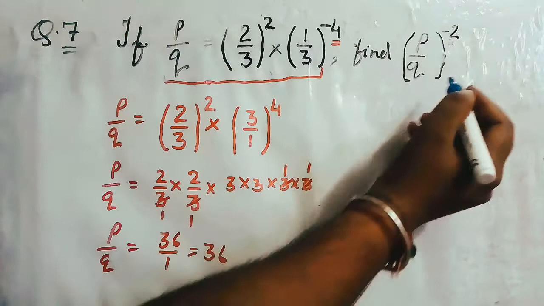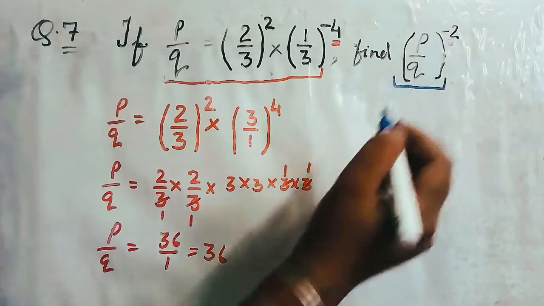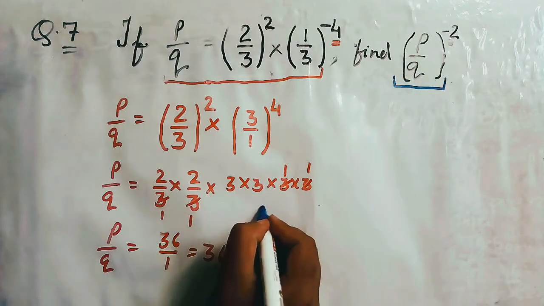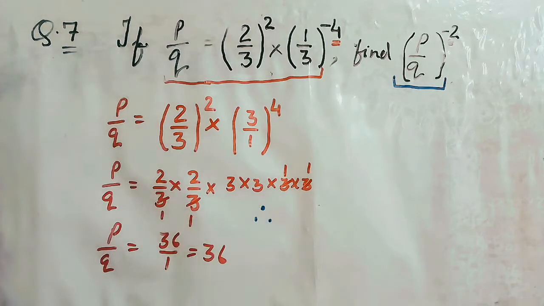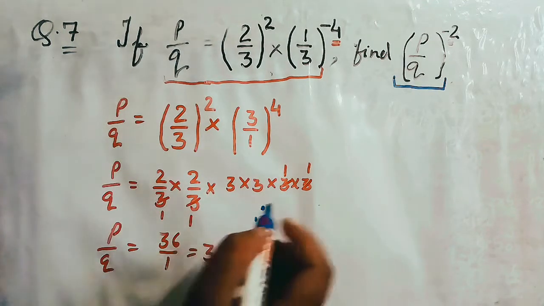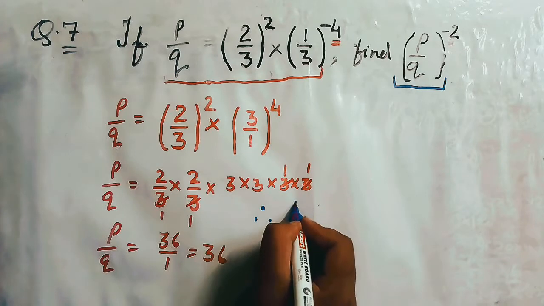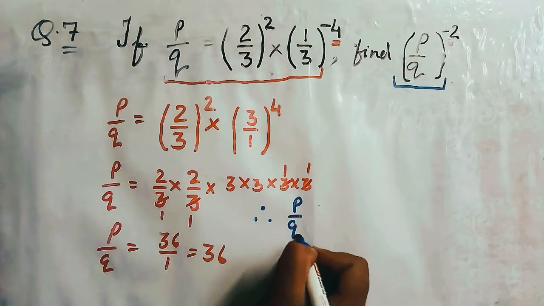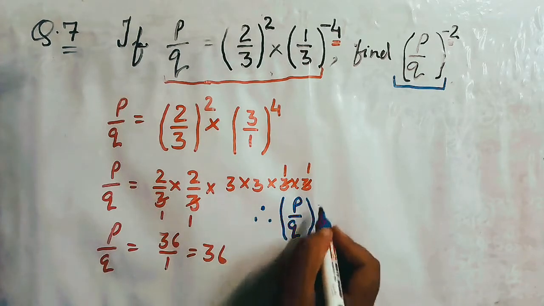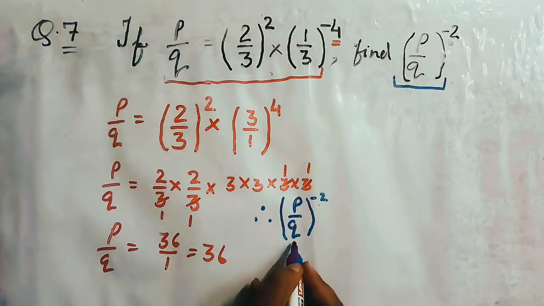Now we have to find (P upon Q) whole raised to power minus 2. So (P upon Q) whole raised to power minus 2 will be, replace the value of P upon Q here.